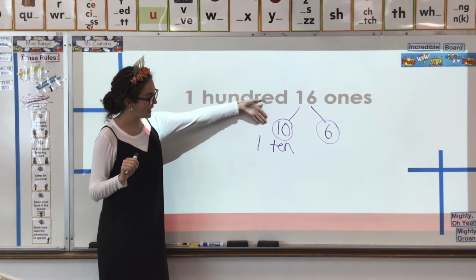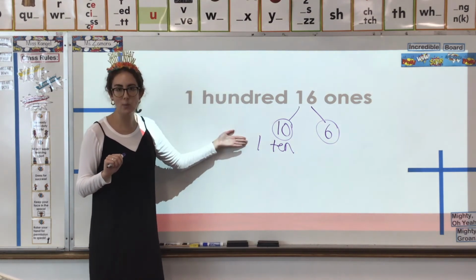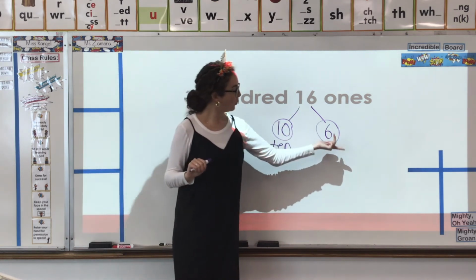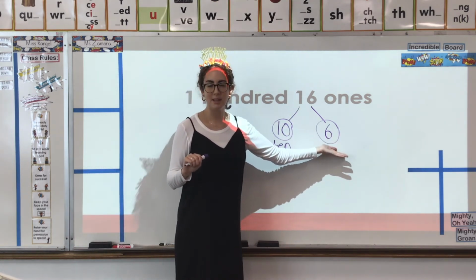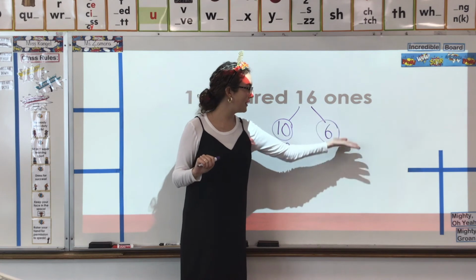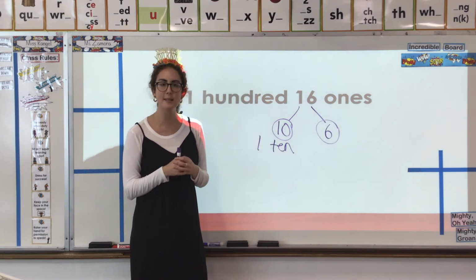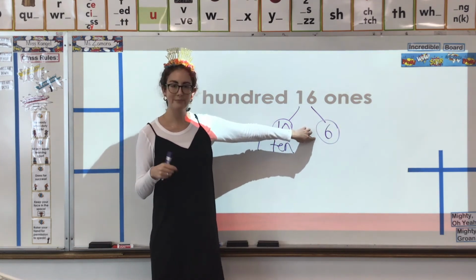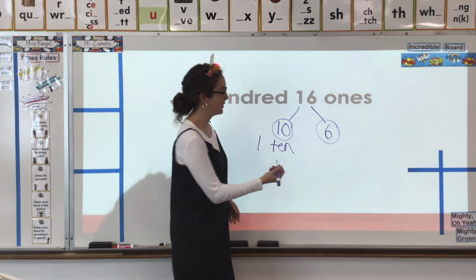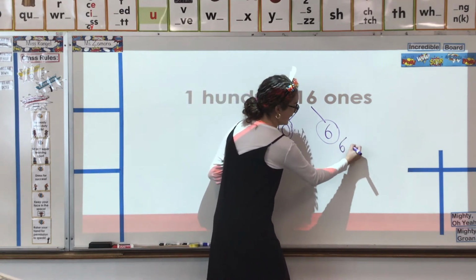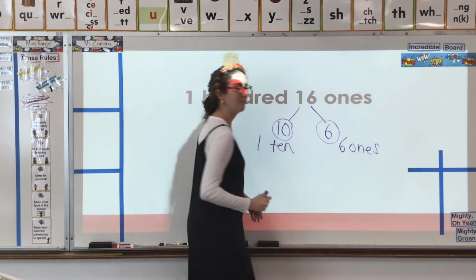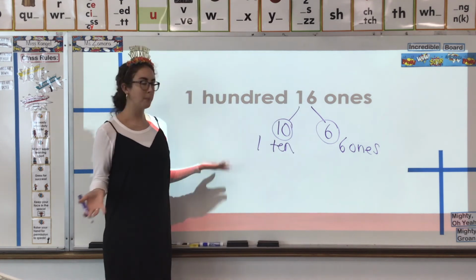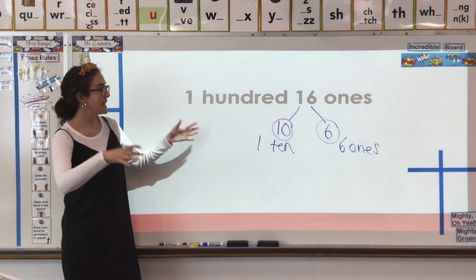So we know our 10 ones is the same as 1 ten. What about these 6? These 6 left over. Does anything happen with these 6 ones? No, we can't bundle them yet. So there's still just 6 ones.